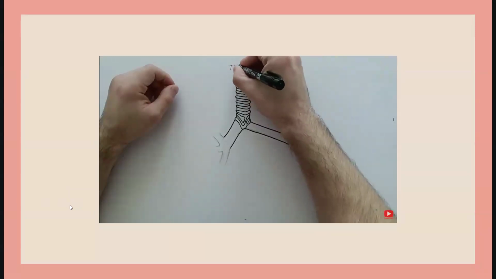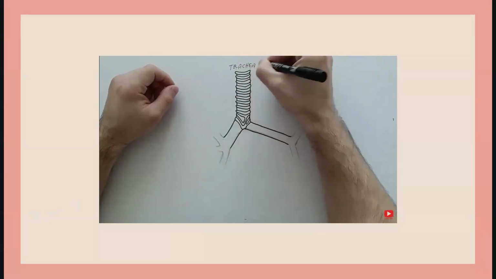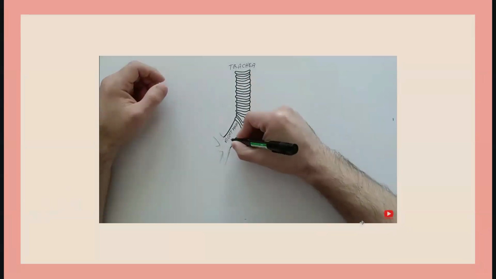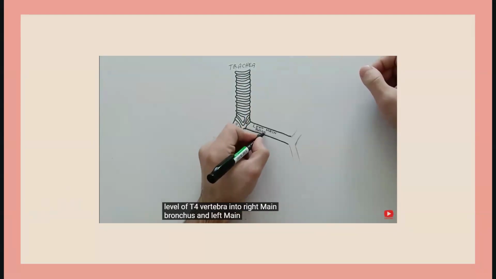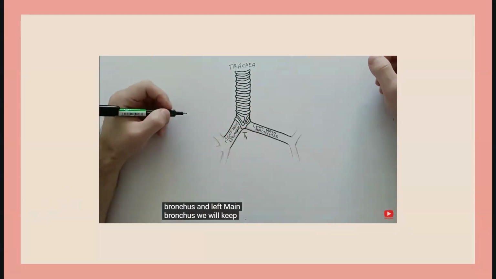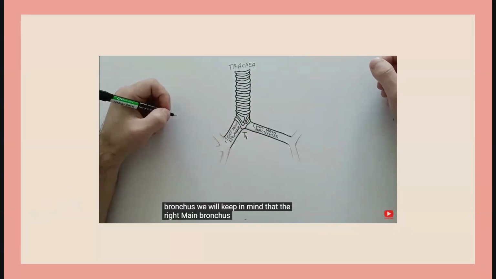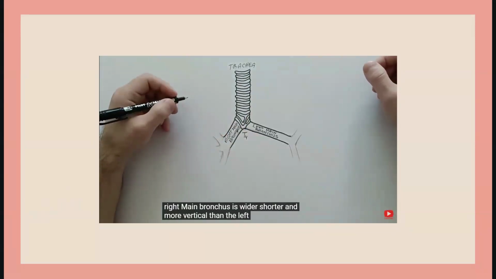The trachea or the windpipe divides at the level of T4 vertebra into right main bronchus and left main bronchus. We will keep in mind that the right main bronchus is wider, shorter, and more vertical than the left main bronchus, which is twice as long and runs more horizontally.